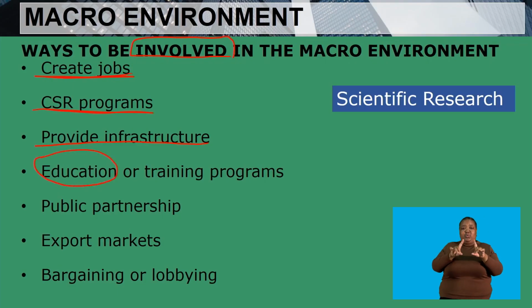Then we can also improve the education and training programs of the society in which we live. So the more skilled people are, the more employable they become. Now, this helps in making sure that we are involved in the challenges that occur in the macro environment.